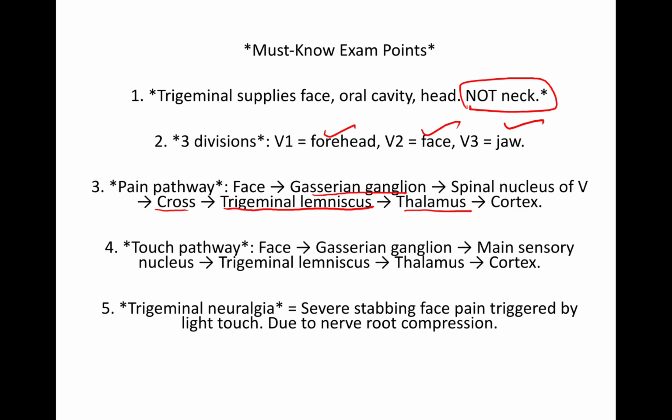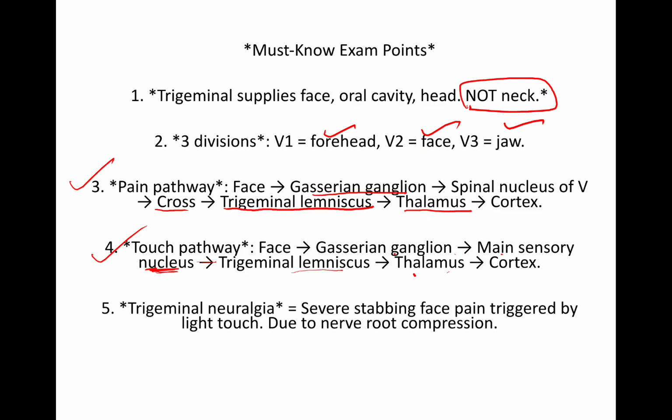Now the touch pathway. It starts from the face. Then it goes to the Gasserian ganglion, from which it will reach the main sensory nucleus. There again, via the trigeminal lemniscus, it will reach the thalamus, after which it will finally reach the cortex.